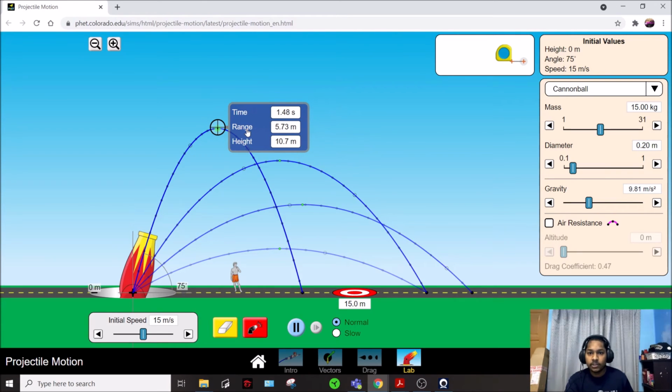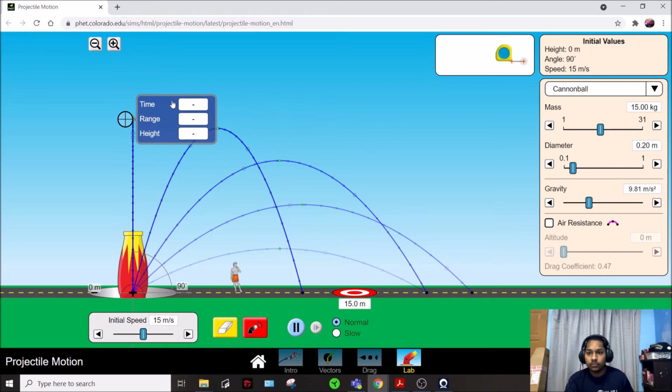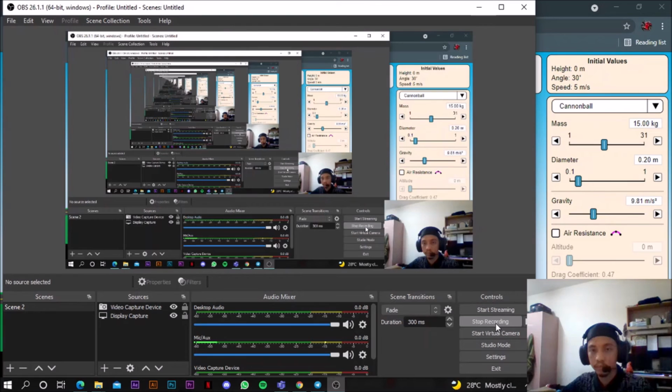The maximum height is 10.7 meters, and finally 90 degrees. The maximum height is 11.47 meters. This is how the maximum height is obtained through this simulation process.